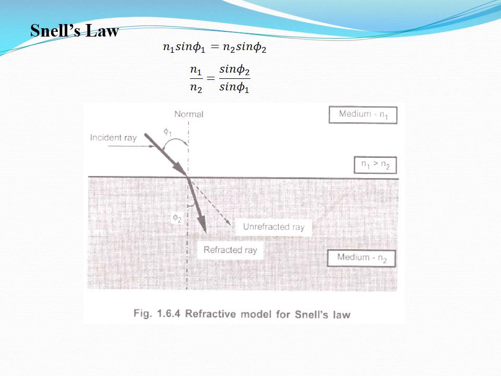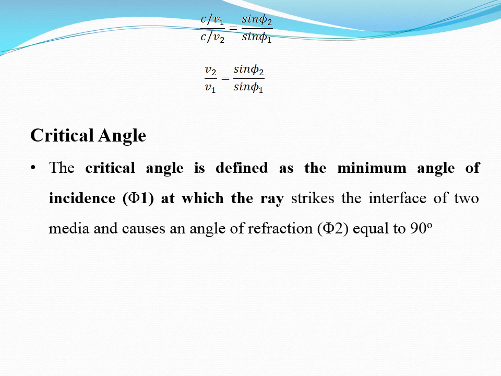Considering this concept, and n1 greater than n2 with two different mediums with two different refractive indices n1 and n2, I can write that we know the refractive index n is defined as c by v, as in the earlier definition.